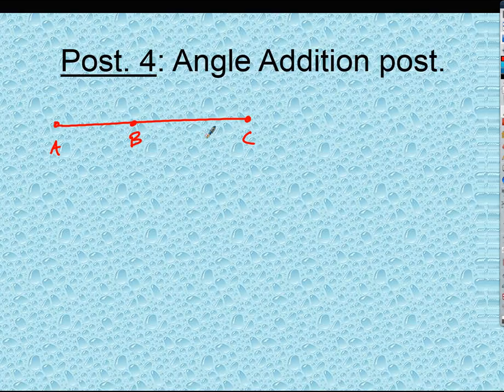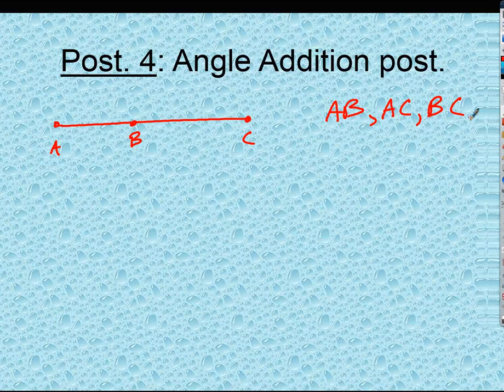Martin, what do you think? How can I relate those three things? What has to be true? Here are the three quantities that we're relating: the length of segment AB, the length of segment AC, and the length of segment BC. Could I set up an equation there? Somebody help me out here. What do you think?